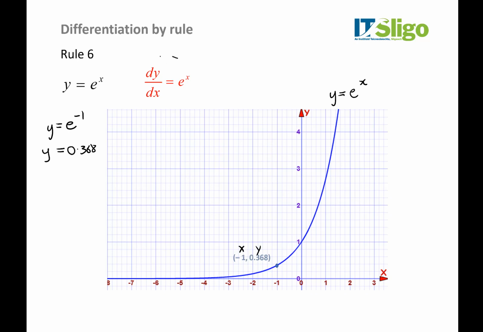What the red function here is telling us is that at that point, the slope of the line is also 0.368. Now if we take a look, we let x equal to 1. So again, black is just telling us where we are. Y is equal to e to the power of 1.